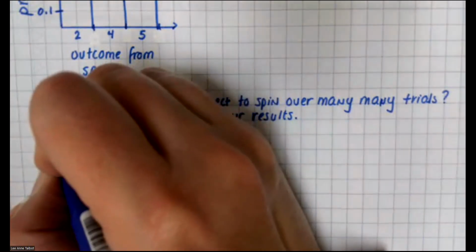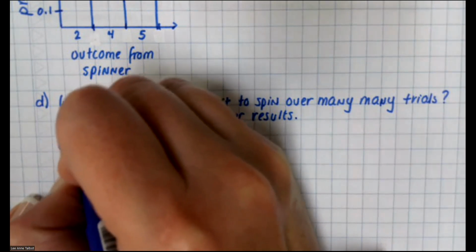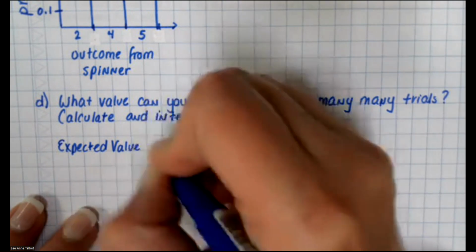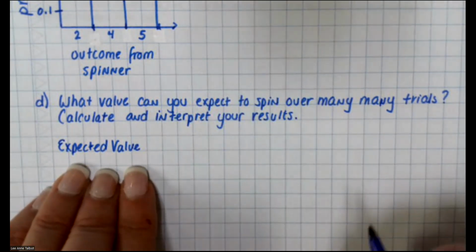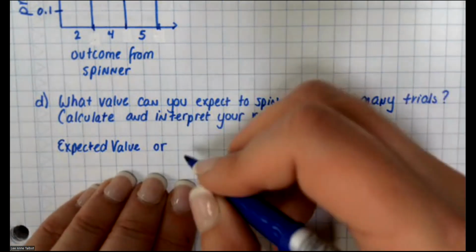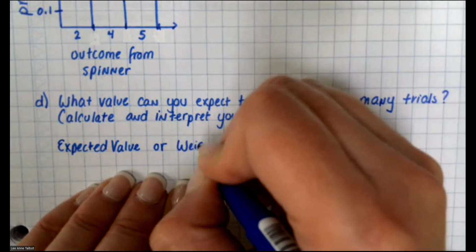Okay, so we call this 2 things. We call this expected value. So if you're in school, you call this expected value. If you're in life, you call this a weighted average.